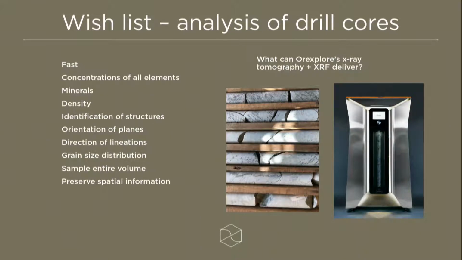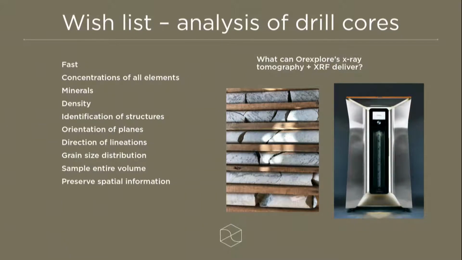You would like the concentrations of all the elements in the sample, as well as to know in which minerals these elements are located. Moreover, you may be interested in things like densities and definitely the possibility to identify structures in the sample. And not only identify them, but also measure the orientation of planes and the direction of lineations.